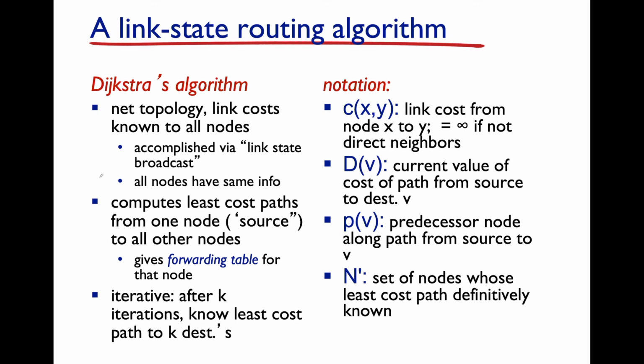And so in our notation, C(X,Y) is going to be the link cost from node X to node Y. And if you are not direct neighbors, it's going to be set to infinity.